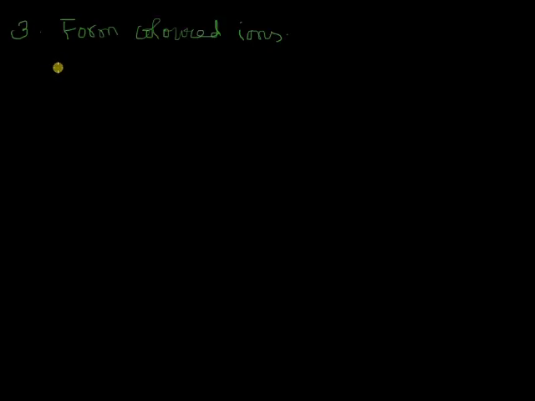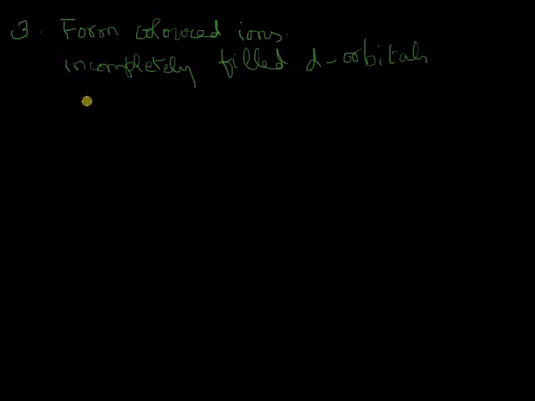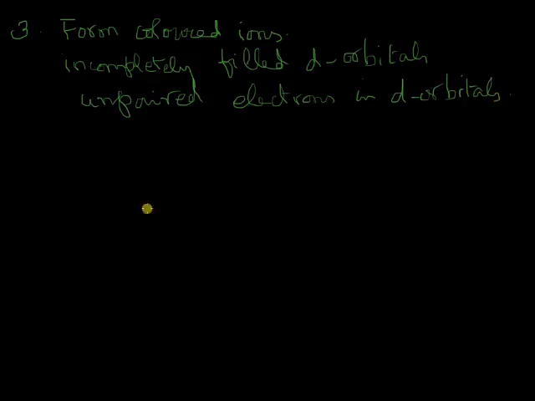You know that transition metals have incompletely filled d orbitals, or we can also say that they have unpaired electrons in d orbitals. Now these d electrons can undergo d-d transition.